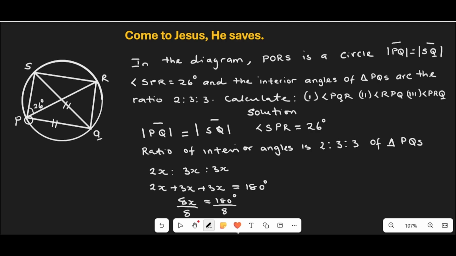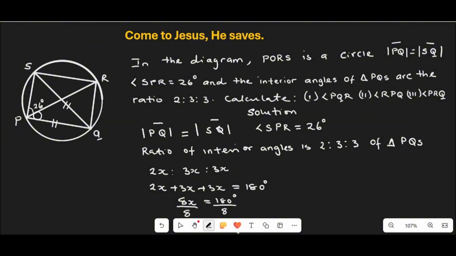Since the question says PQ is equal to SQ, it means that triangle PQS is an isosceles triangle, and base angles of an isosceles triangle are equal to each other.